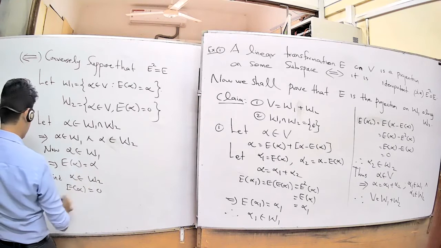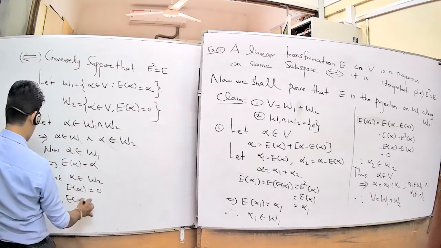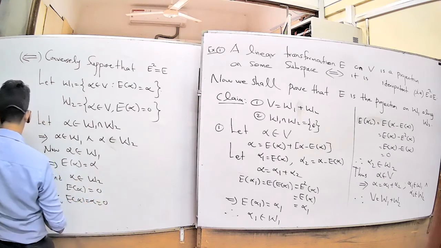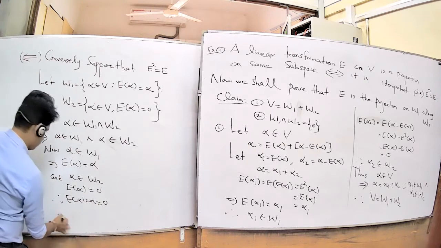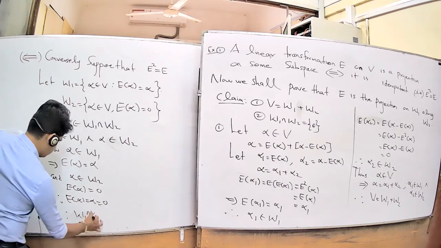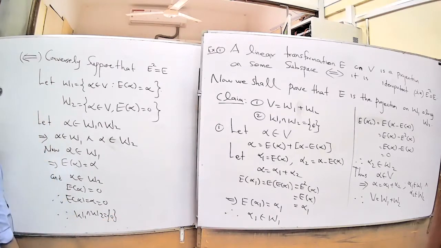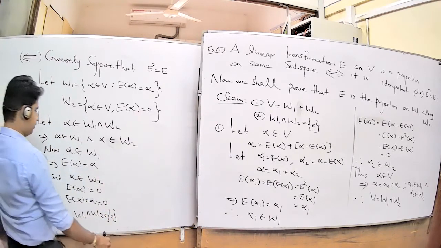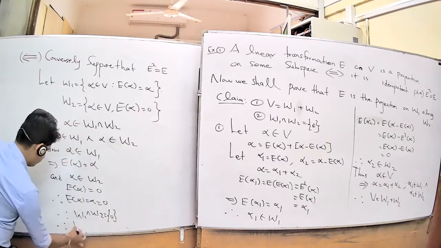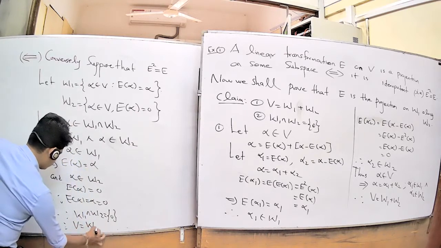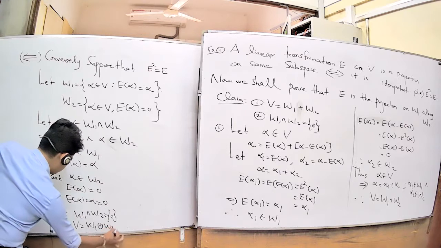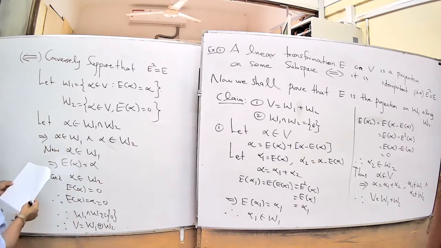Both are the same, therefore alpha equals E alpha equals 0. Therefore, W1 intersection W2 has no element other than the singleton 0. These two conditions are satisfied, so V is the direct sum of W1 and W2. Therefore, our direct sum condition holds.